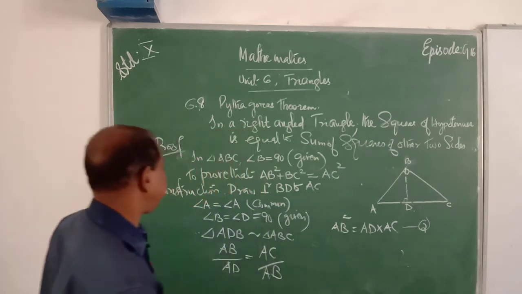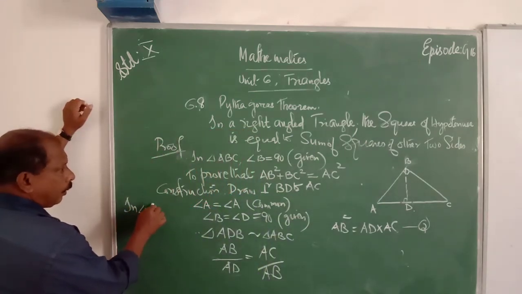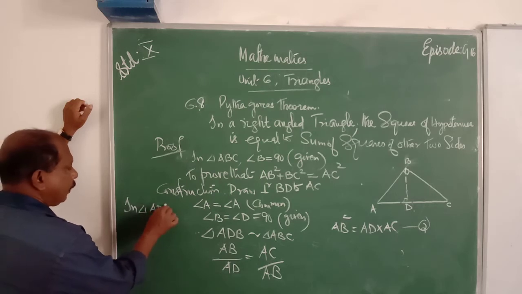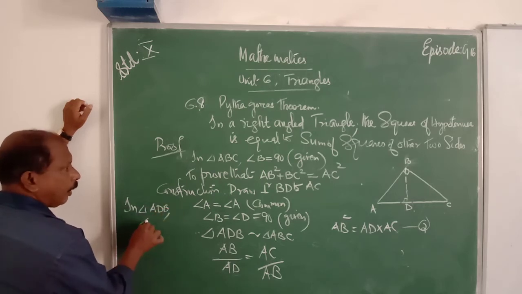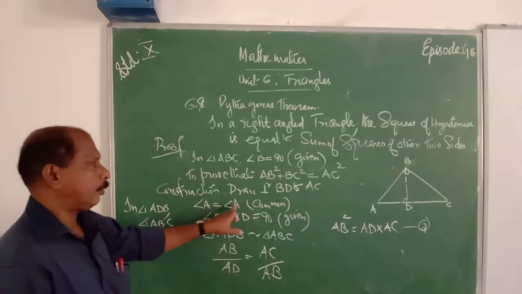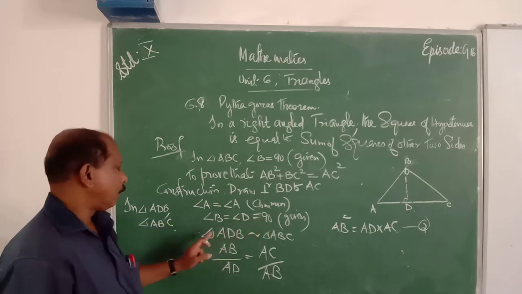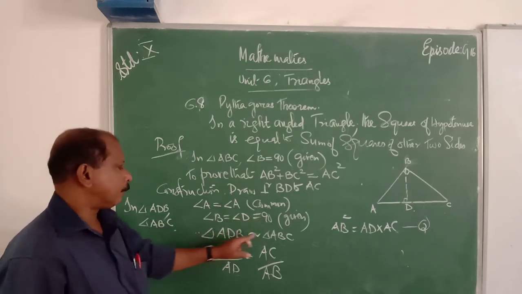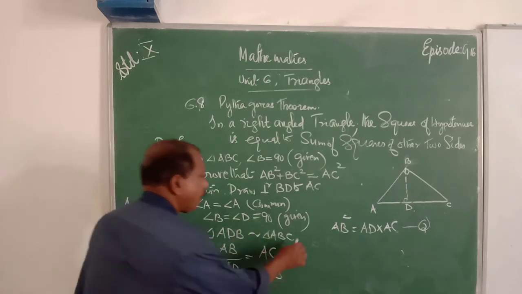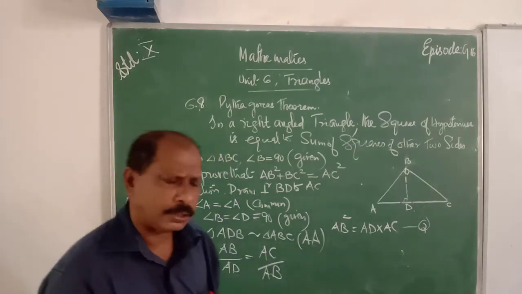That means in triangle ADB and triangle ABC, angle A is equal to angle A, and angle ADB is equal to angle ABC, which is 90 degrees. So triangle ADB is similar to triangle ABC. What is the criterion? Angle criterion: two angles are equal, so the third angle is also equal.